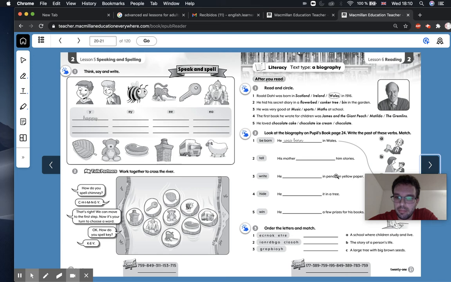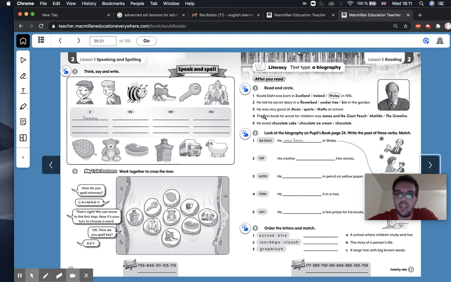Okay, so page 21. And we have 3 exercises to do about the text. Tenemos unas preguntas del texto. Y tenemos que mirar en el texto para saber las respuestas.